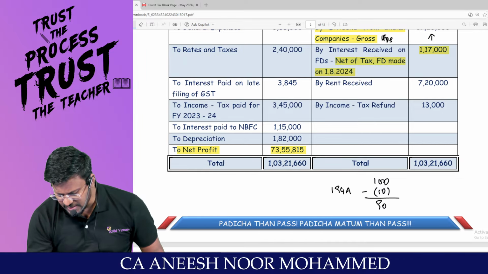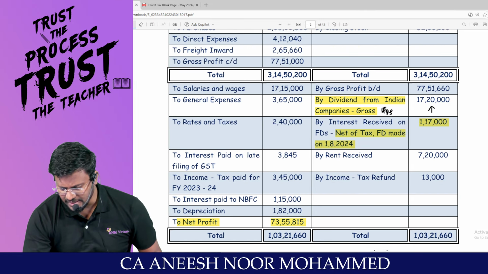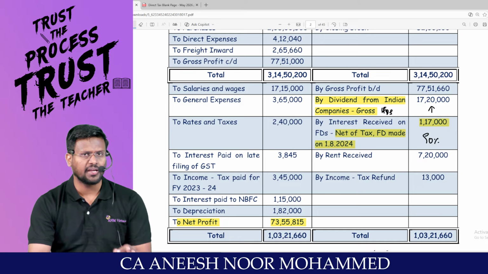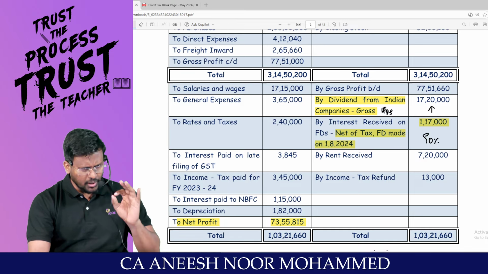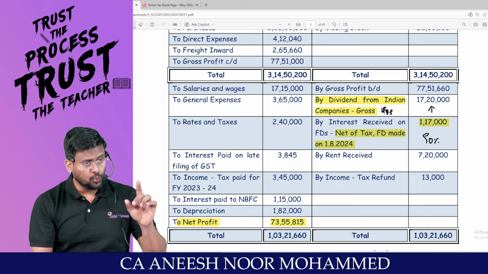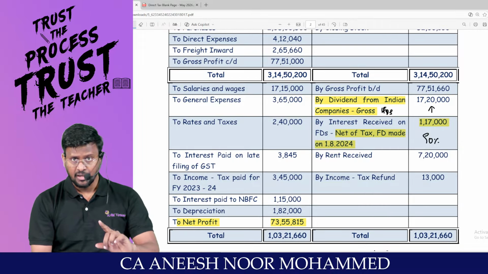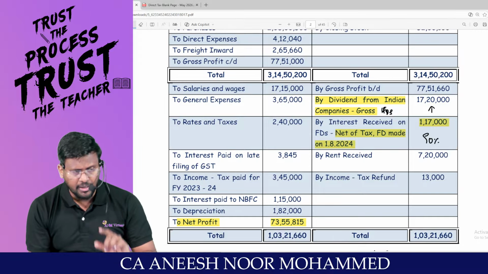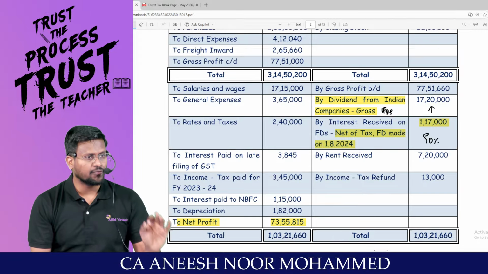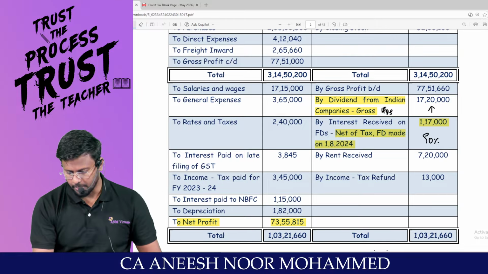So the balance 90 rupees we would have received. So this 1,17,000 will be 90%. Since only 90% has been credited to the PGBP, we have to deduct 90% from PGBP. Whereas when we are including the same income under the head IFOS, we have to include at 100%. That adjustment you should remember in your brain.